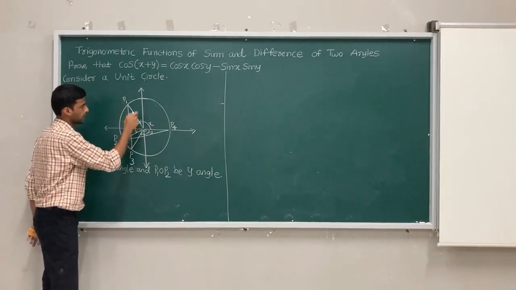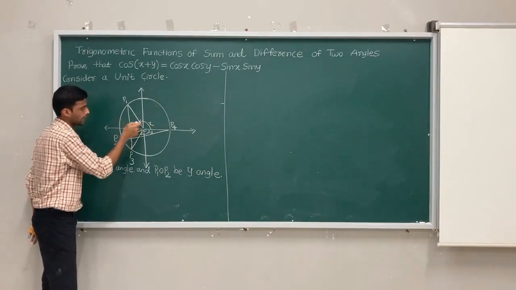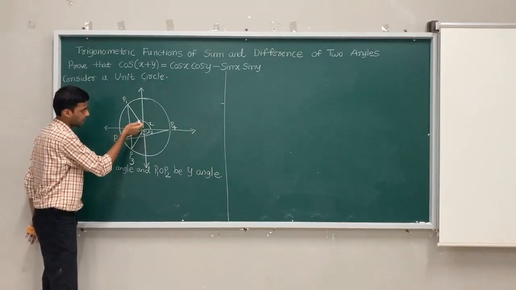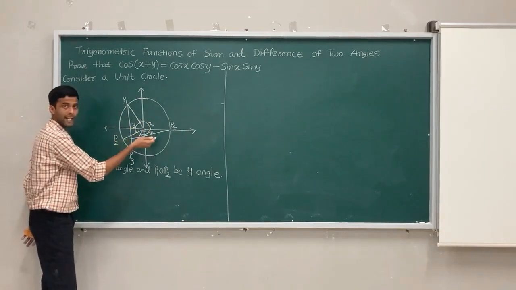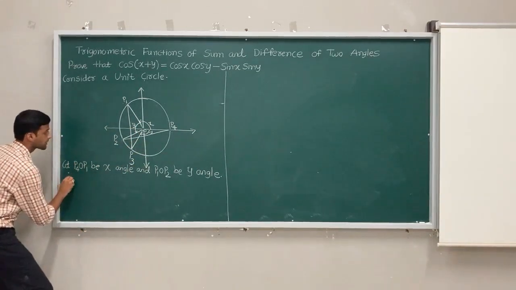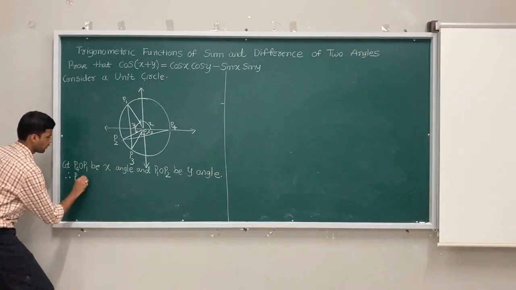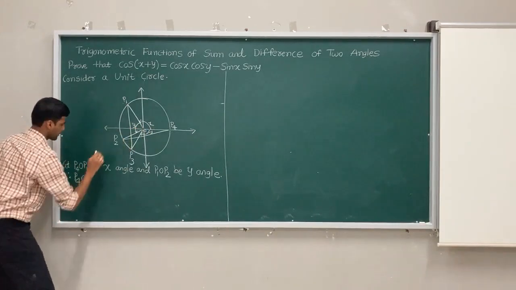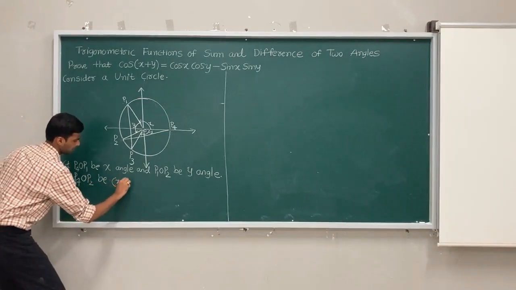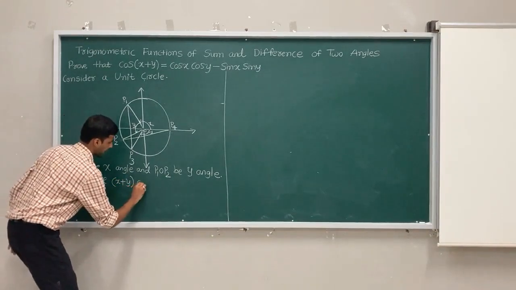P4OP1 is x, P1OP2 is y. Therefore P4OP2 is x plus y, because both are in the same direction only. Therefore I can add. Therefore P4OP2 be x plus y angle.